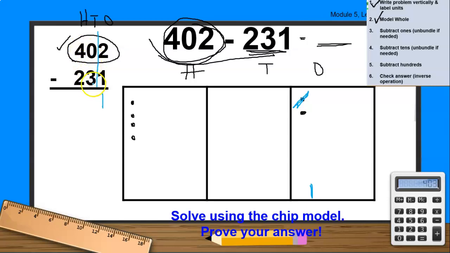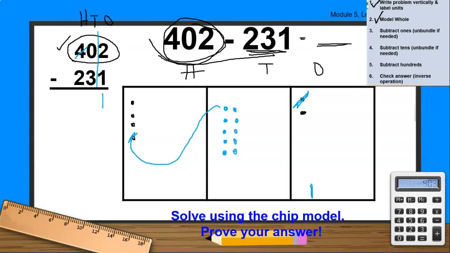If the number is bigger on the bottom, we go next door and get 10 more. So, I have to unbundle 100 and give them 10 tens. 1, 2, 3, 4, 5, and I do it in the 5 group column like this. 6, 7, 8, 9, 10.